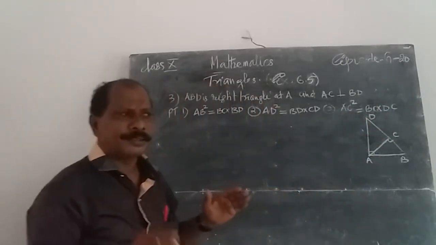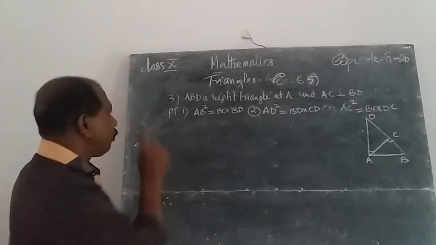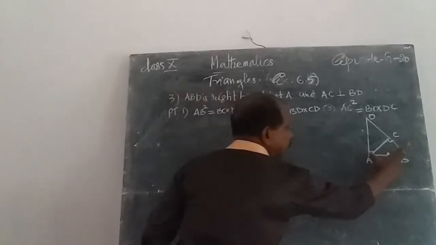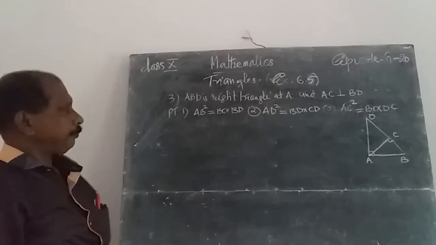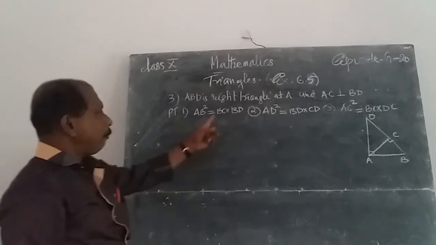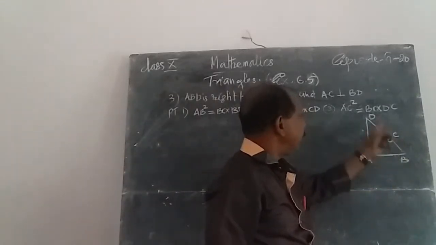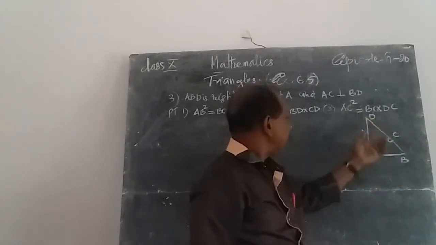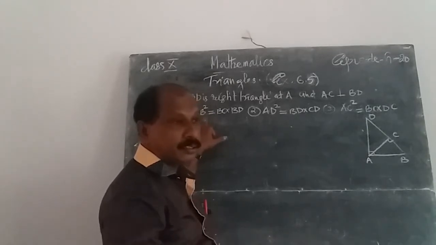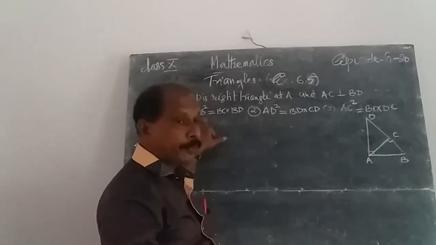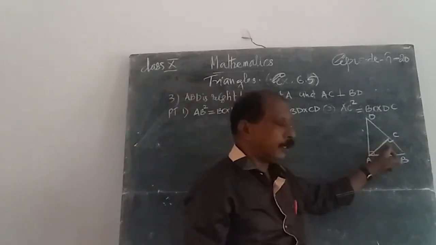To prove these results, first of all, which triangles are similar? For the first result, AB is the base of the original larger triangle ABD, and AB is also a side of the smaller triangle.